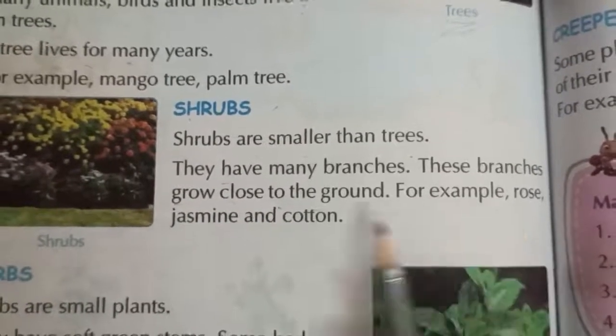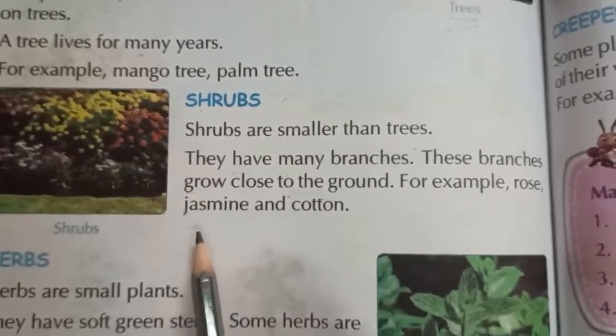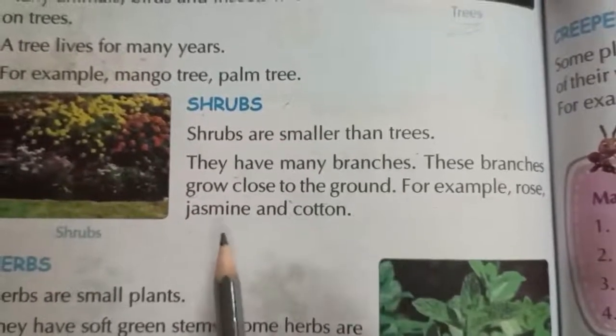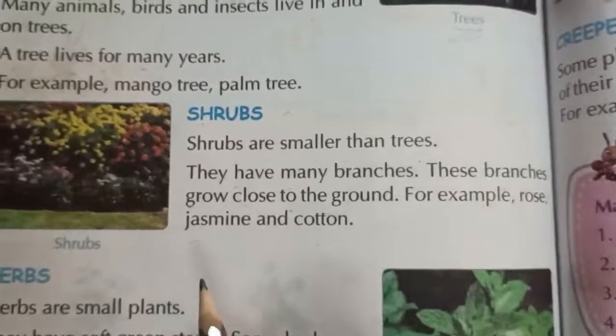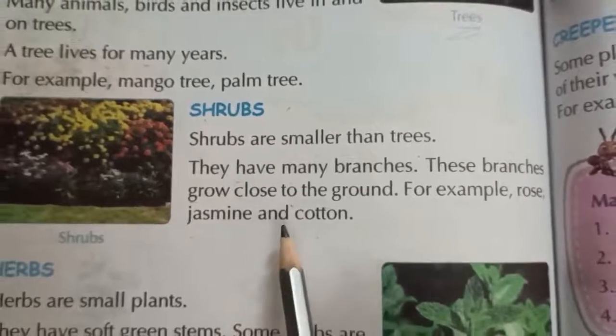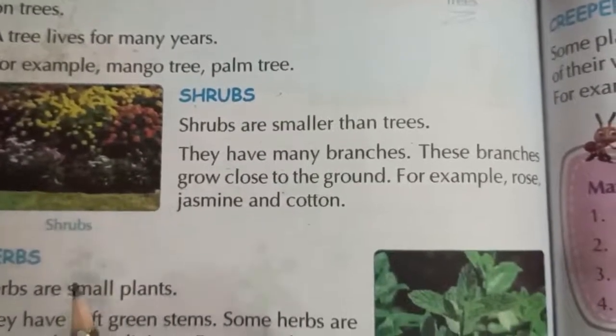For example, rose, jasmine and cotton. So, shrubs are smaller than trees, they have many branches, but those branches grow close to the ground.